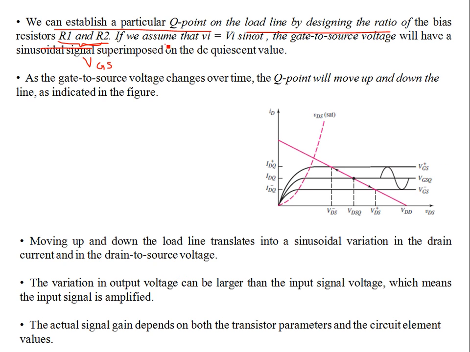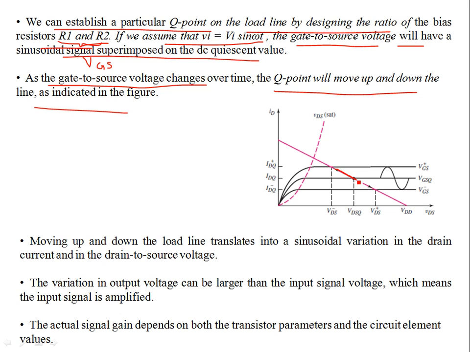If we assume that the input signal is a sinusoid with a single frequency, then the gate to source voltage will have a sinusoidal signal superimposed on the DC Q point. As the gate to source voltage changes over time, the Q point is going to move up and down as indicated on the figure, around the operating VDS and ID values. This results in changing VDS values or changing ID values.